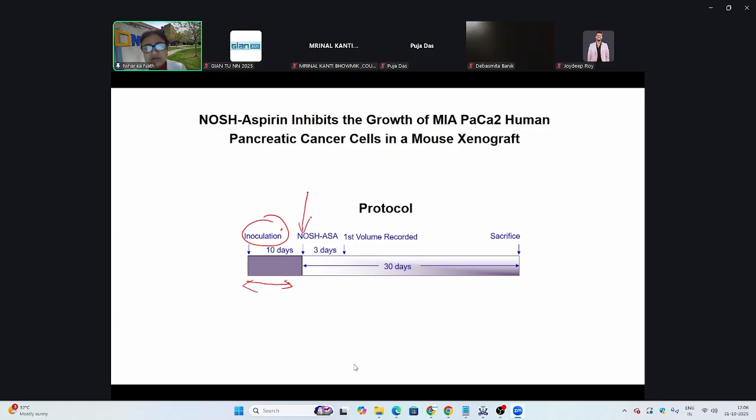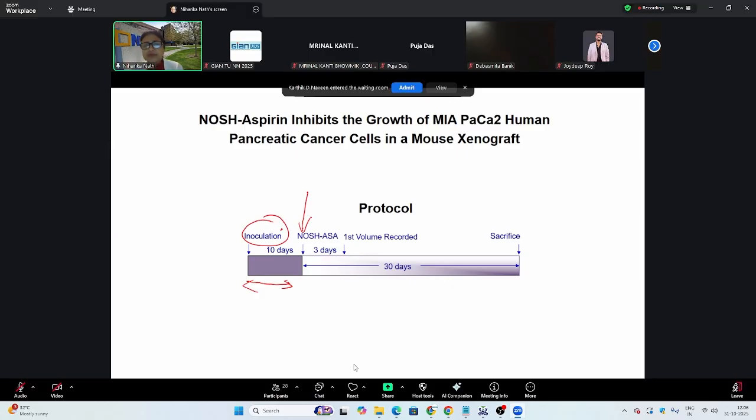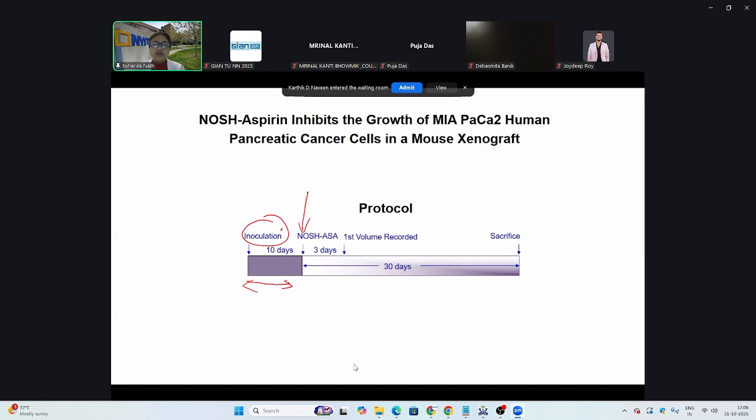You literally have to take a small syringe and hold the mouse and feed it to the mouse. Okay, it does not go in the food, so it has to be fed to the mouse. And so after inoculation of the cancer cells, this drug is now fed, and it's only fed either one time or depending on the dose, it can be fed more. And so then over 30 days, the tumors are observed.